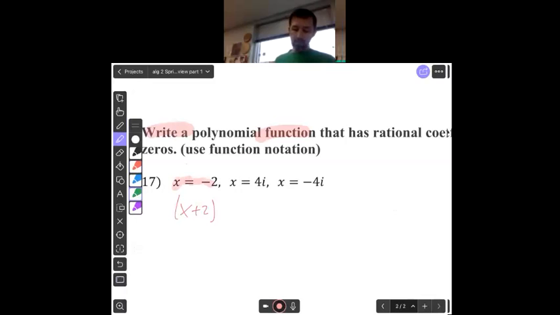If my answer's 4i, then my factor must have been x minus 4i. If my answer is negative 4i, then my factor must have been x plus 4i. So make sure those signs get switched.